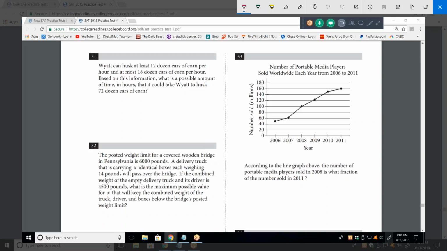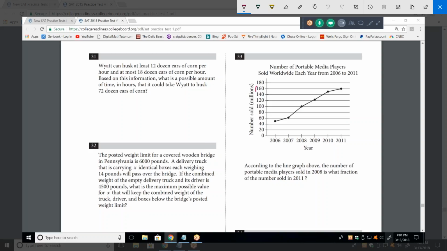So the first thing you should do when you see a problem like this is to read the title, understand what the horizontal axis means, and know what the vertical axis means, and know the units.